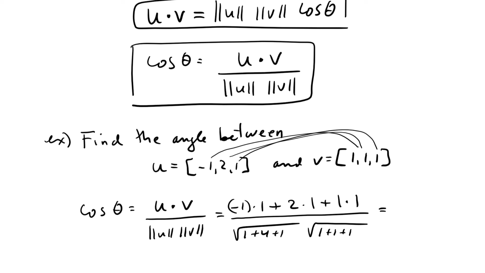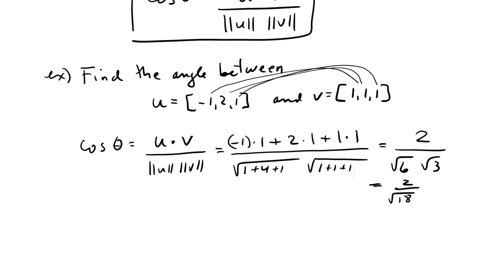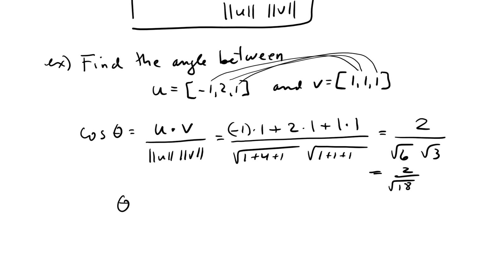So at the top, I'll have minus 1 plus 2. So that's 1 plus 1. That's just 2. And here, this is square root of 6, square root of 3. So I have 2 over square root 18. I will take the arc cos of this. So theta is arc cosine of 2 over root of 18.